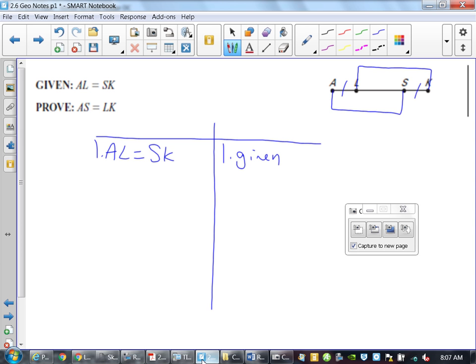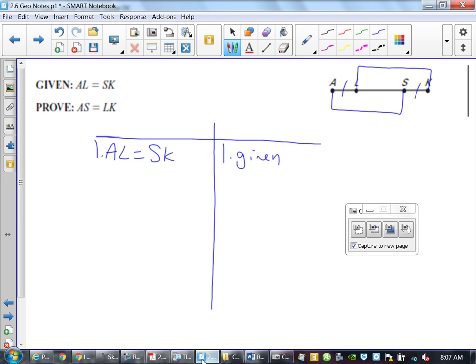They both share LS. So how do we show addition of segments? We're talking about segments here. Why would you say anything about a vertex? Segment addition. How do we talk about addition of segments? Try to help you out there a little bit, guys.